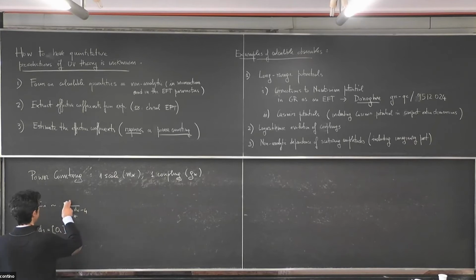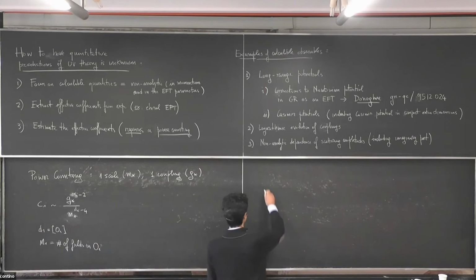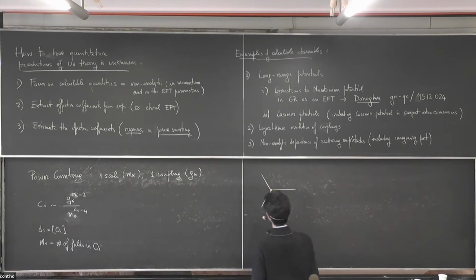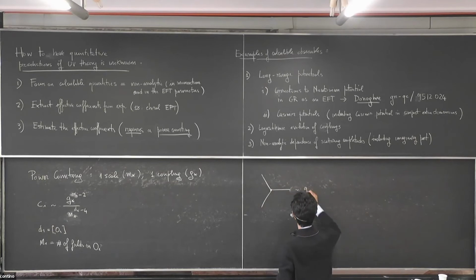Okay, and then in the numerator there will be, in general, how many couplings? Well, there will be a power equal to N_i minus 2, where N_i is the number of fields in the operator O_i. Because if you have a cubic interaction, this comes as a local operator involving three fields, and this goes like a coupling.